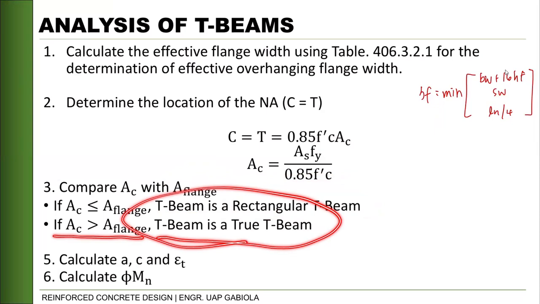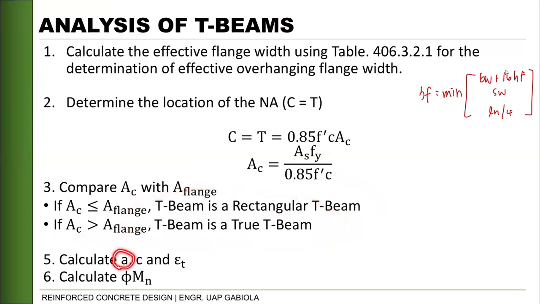And then after we calculate that, we can now calculate the value of a, yung depth ng compression block, value of c, distance of the neutral axis, and then we have our strain to be checked with the NSCP requirement if our steel will yield and if our section is tension controlled or compression or in the transition zone.